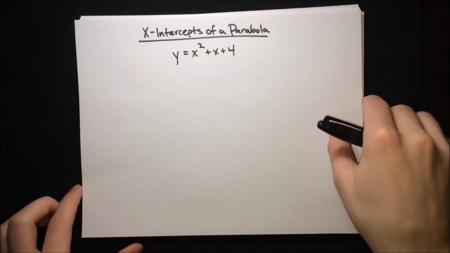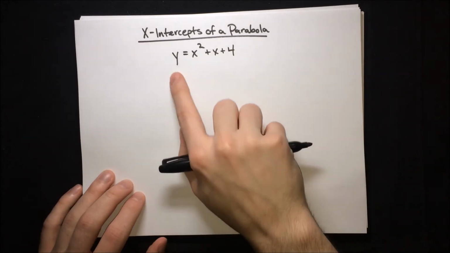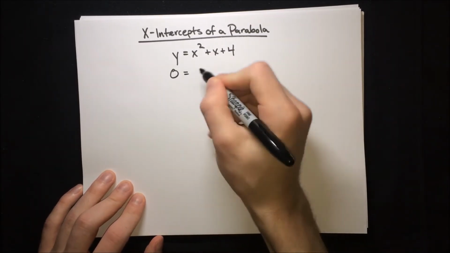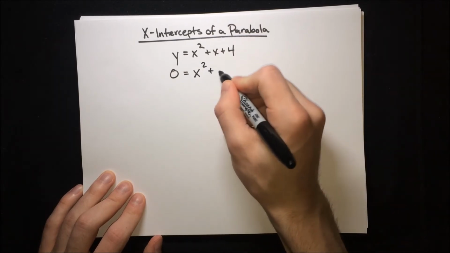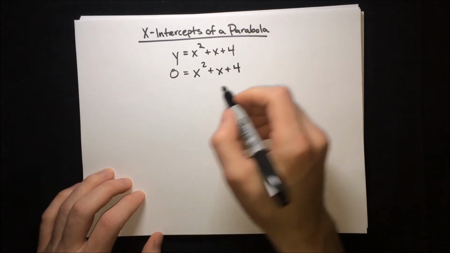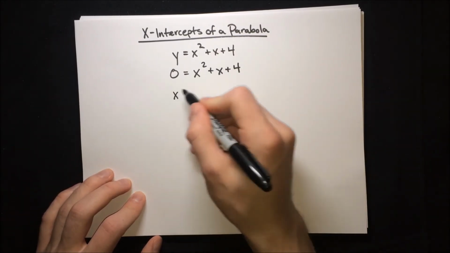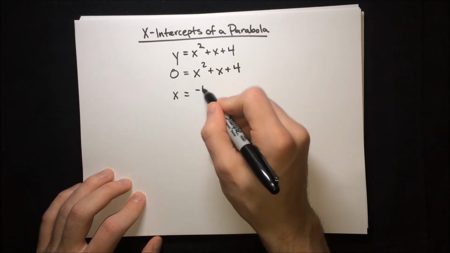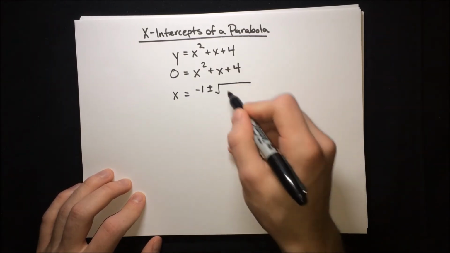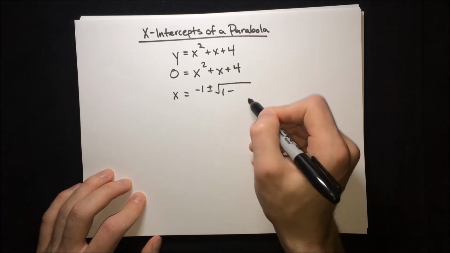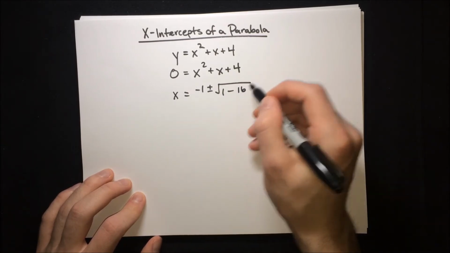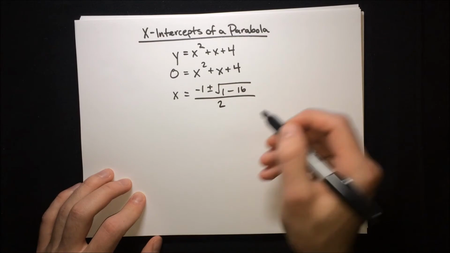Here is another example. So our approach is the same. We're going to set the equation equal to 0 to find the x-intercepts. And this doesn't factor nicely, so let's use the quadratic formula. So x equals negative 1 plus or minus root of 1 minus 4 times 1 times 4 is 16, all over 2 times 1 is 2.